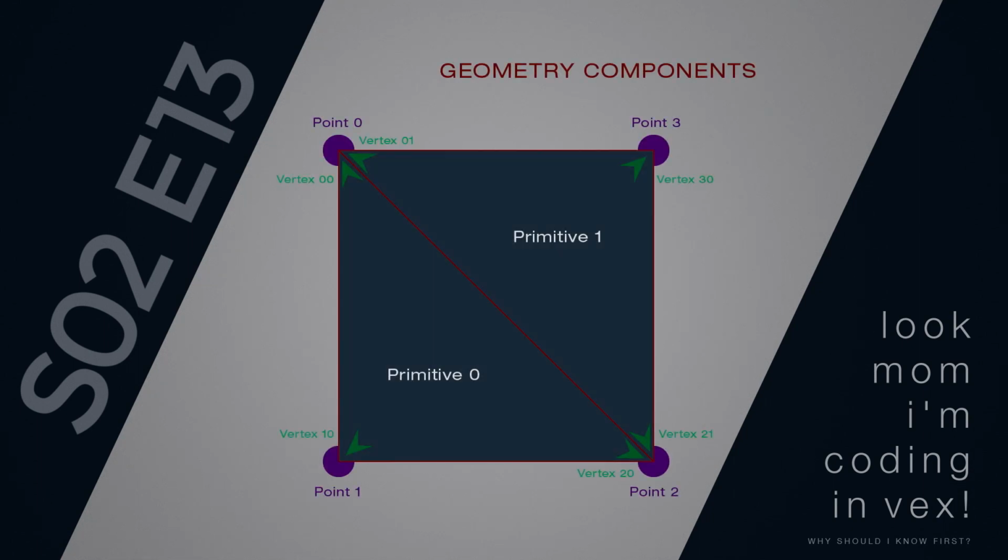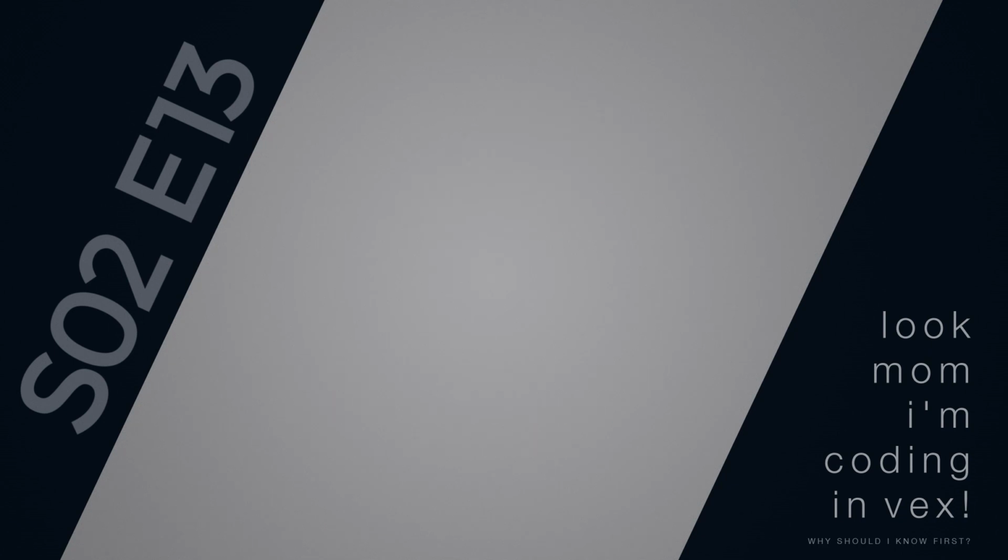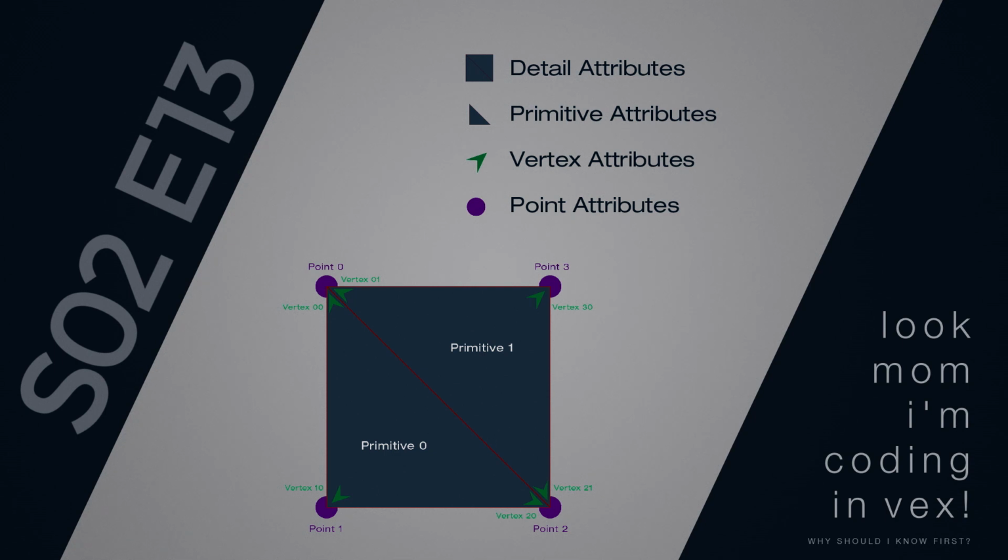We also know that the geometry components are points, vertices, and primitives. And attributes are name values stored on geometry or its components. So you can store values on points, vertices, primitives, or the entire geometry.